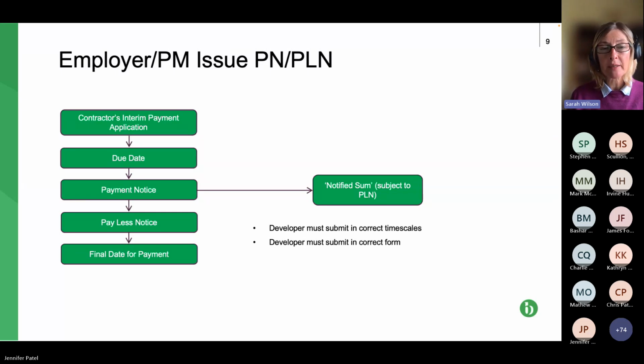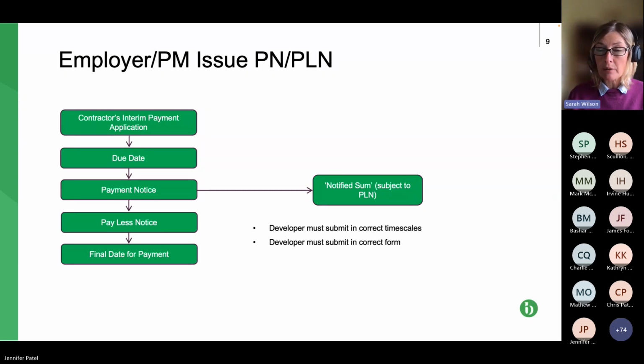And then from the final date for payment, you have the pay less notice, which must be submitted. With NEC, it's at least 7 days before the final date for payment. The key is to remember that whatever the period is, sometimes amended to 1 day, it means that if the final date for payment is the 30th, and you've got 1 day, the pay less notice has to be served on the 29th, the 28th, or the 27th.